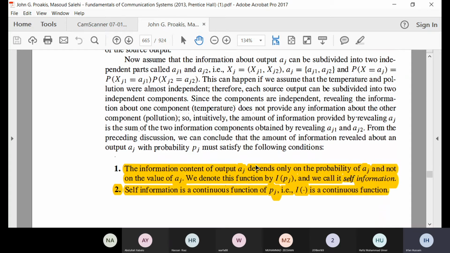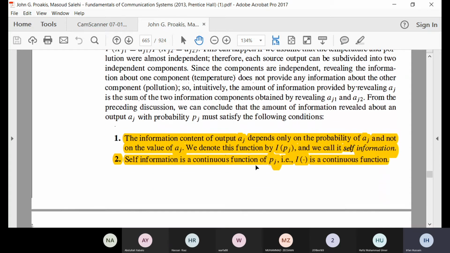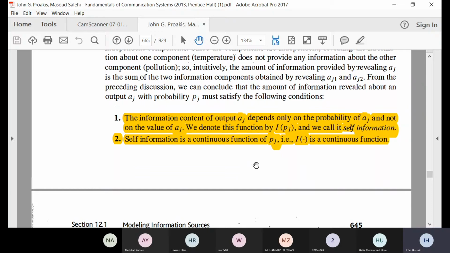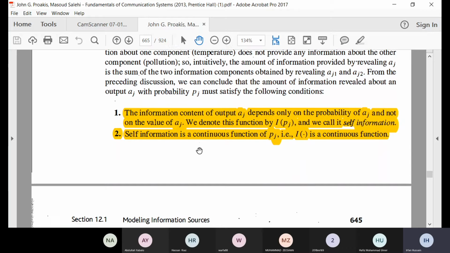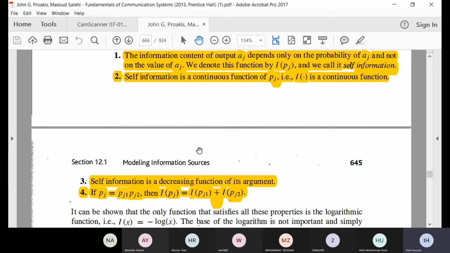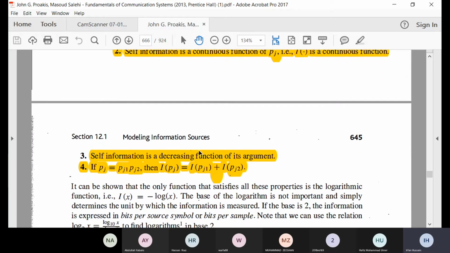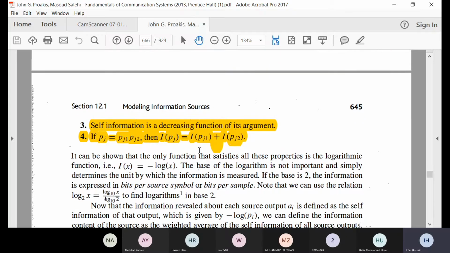So the conditions are that the information content will depend on the probability, it will not depend on the value, it has to be a continuous function, it has to be a decreasing function of its argument, and if they are independent then it should be a sum. A function that satisfies all these properties is the famous minus log x.